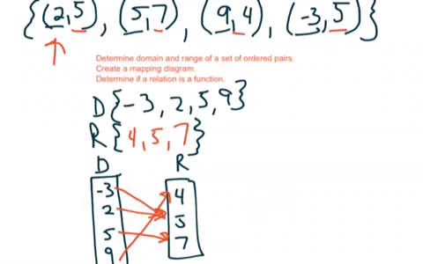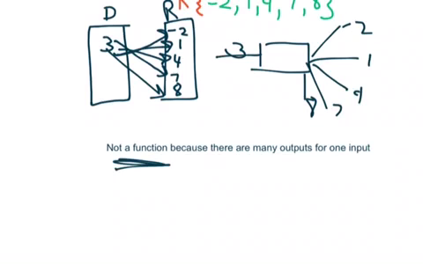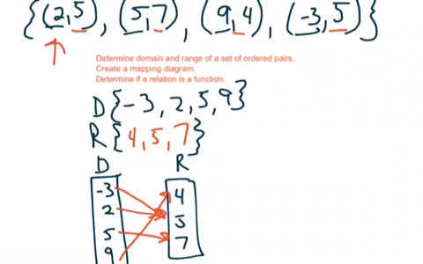Compared to the previous one, where the number 3 had all of these arrows coming from it, so it is not a function, whereas this example is a function. A function has nothing to do with patterns or anything else. It's simply, does each x value have a single arrow in a mapping diagram? And here we see that they do. So yes, it's a function.